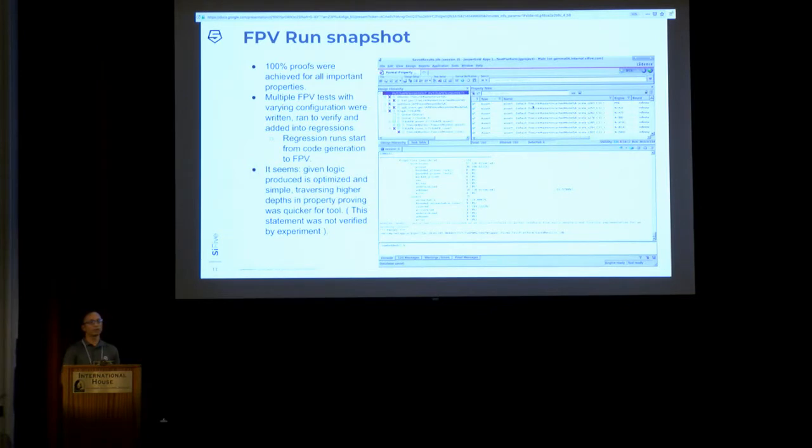I was able to get 100% proof for all the properties. This was around 108 properties, and there are some properties in red over there, which are apparently not relevant to the functionality of the block. So that's why I mentioned that I got 100% proofs for all the important properties.